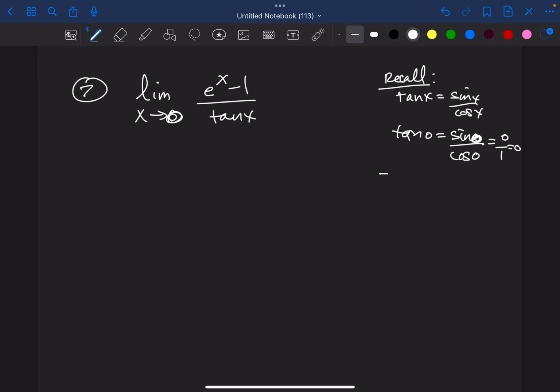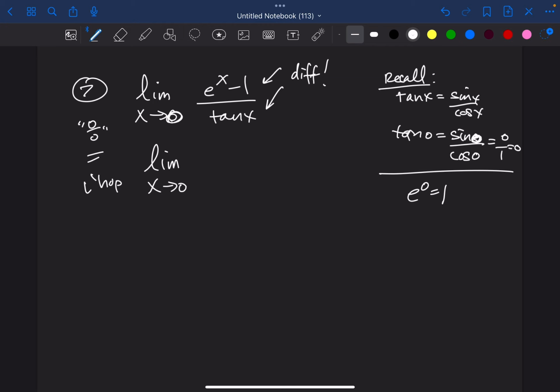And you also know that e to the 0 is 1, so this thing is of the form 0 over 0, where they are both differentiable near that 0, so you can now apply L'Hopital's rule. So using L'Hopital's rule, you can take the limit as x goes to 0. On top you get e to the x, and then the derivative of tangent is, yes, you guessed it, secant squared.